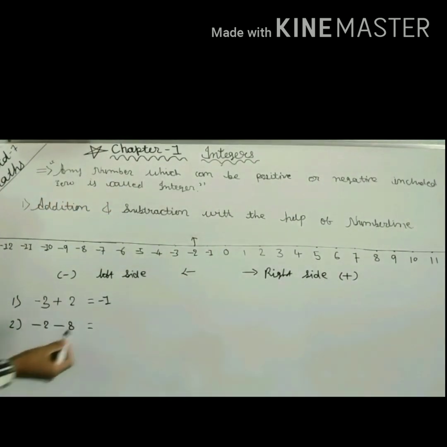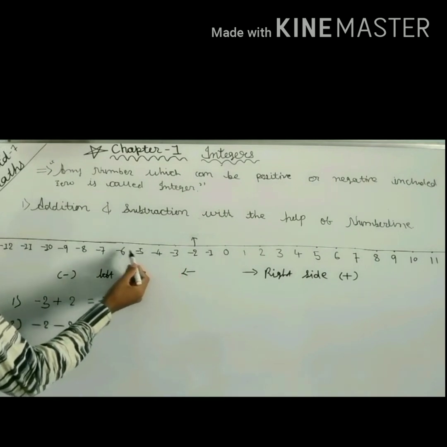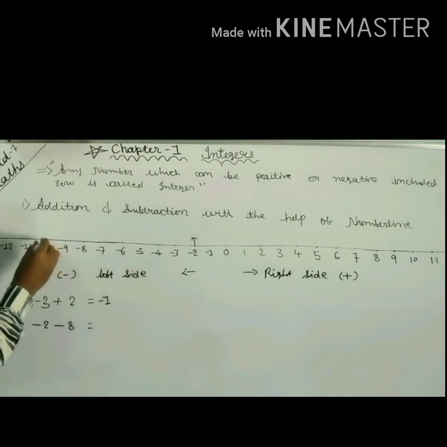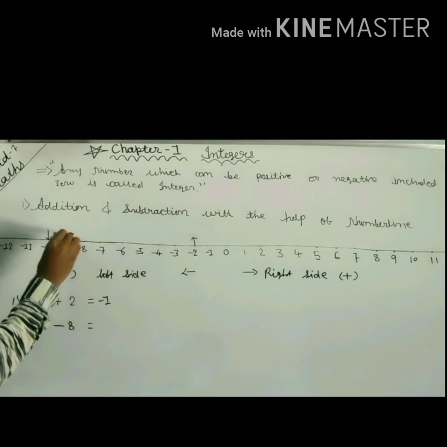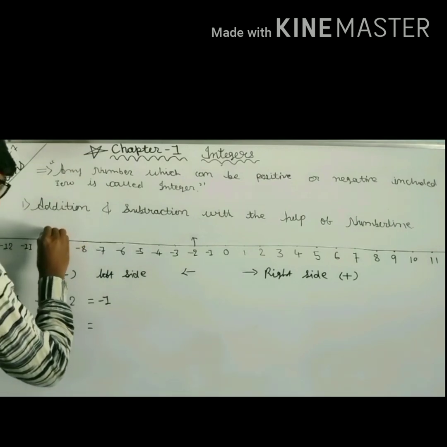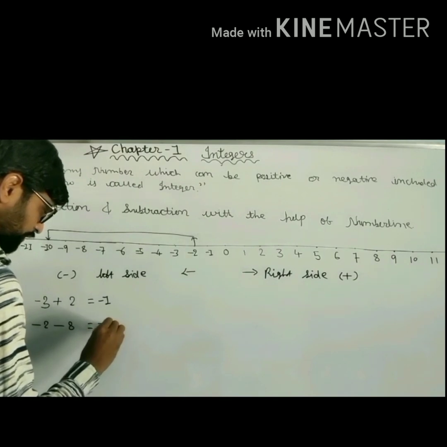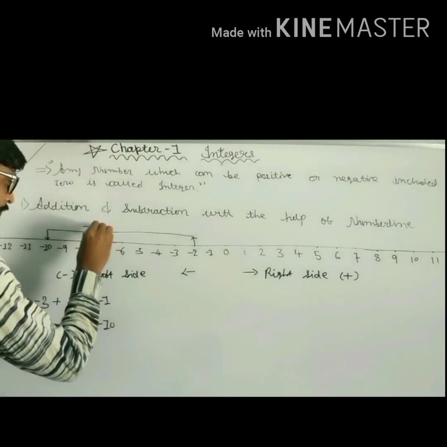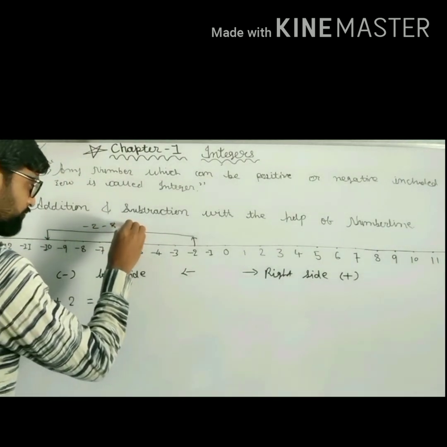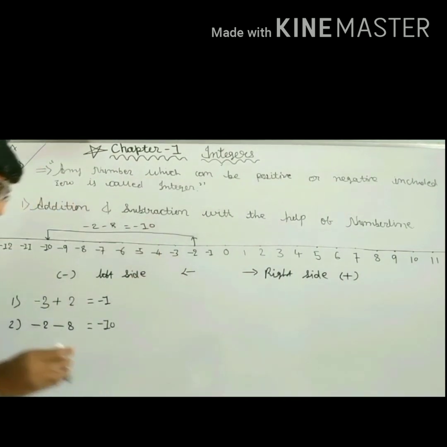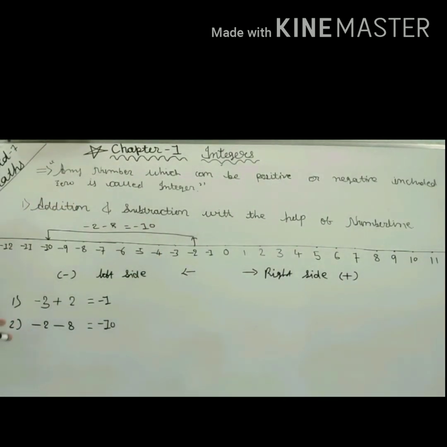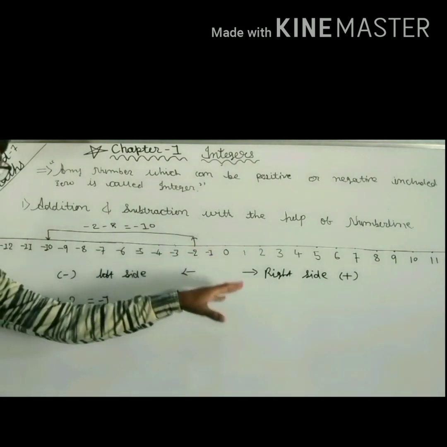How many steps do you have to move? 8 steps: 1, 2, 3, 4, 5, 6, 7, 8. Your answer will be 10, but it's -10. So here our answer will be -10. -2 -8 is equal to -10. Is that clear? This is the addition or subtraction with the help of the number line.